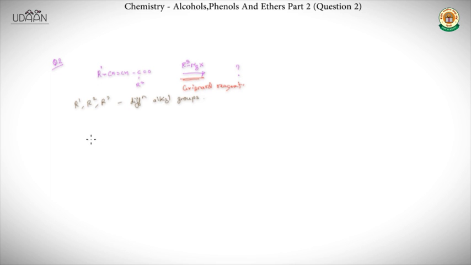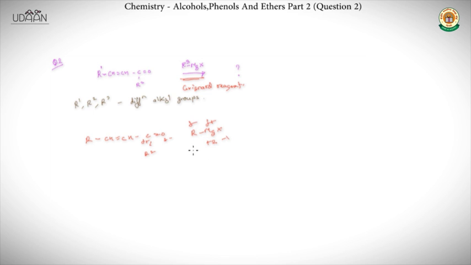So we know by the basic mechanism that the C=O bond is polar, and C has delta plus charge and oxygen has delta minus. And we know that in RMgX, R is delta minus and Mg has delta plus, because Mg is a very highly positive divalent atom with oxidation state of plus 2, and X is minus 1.